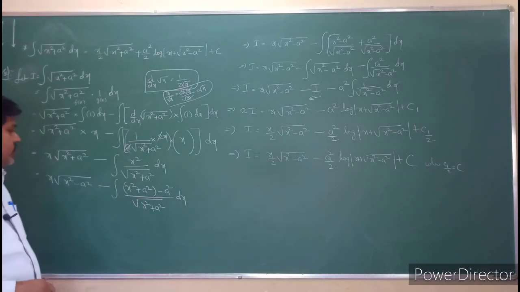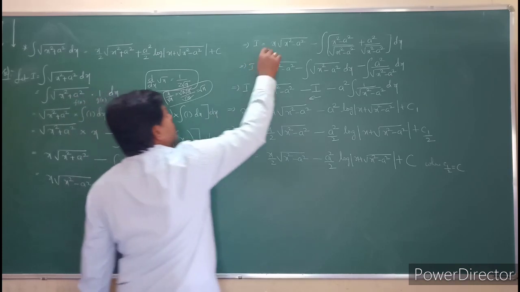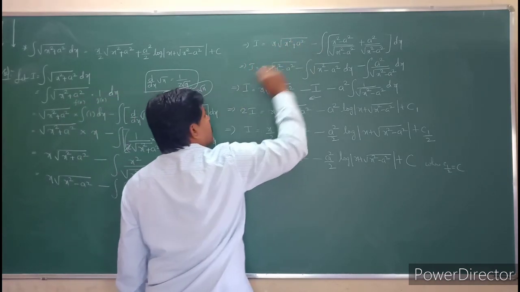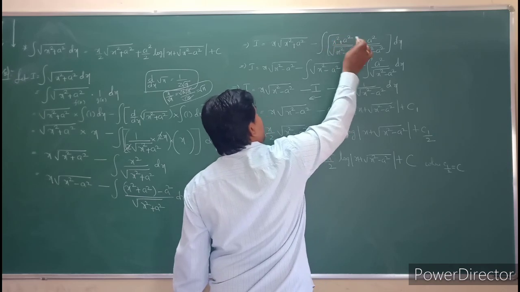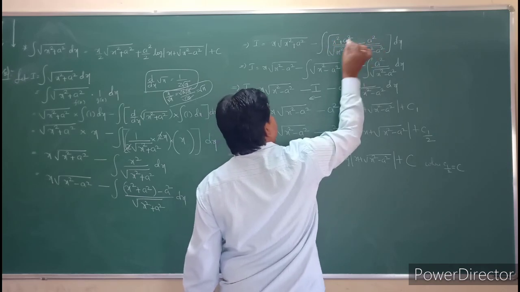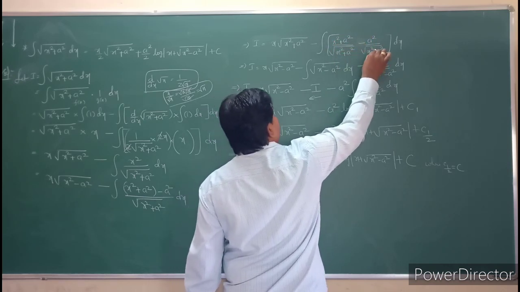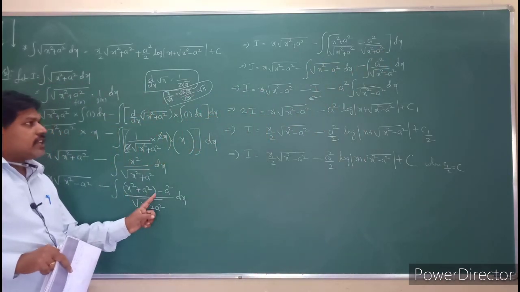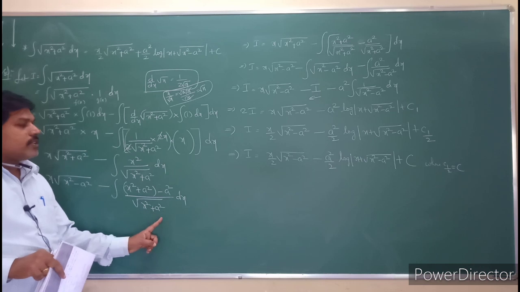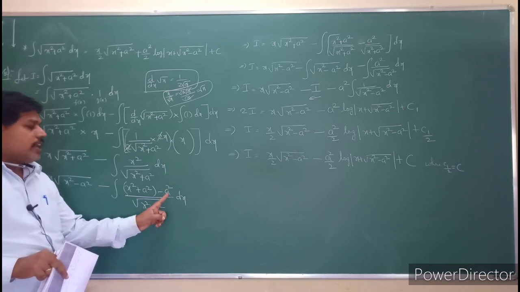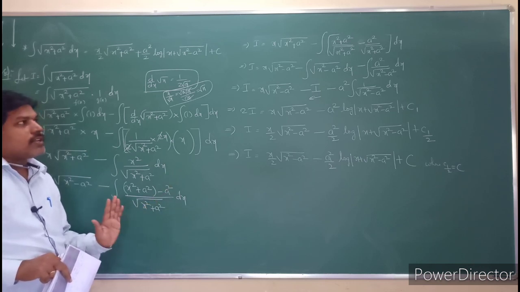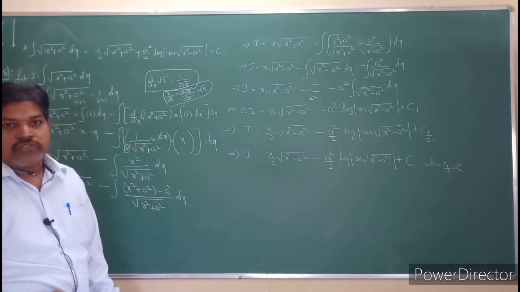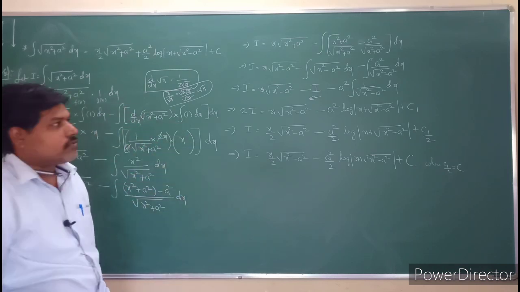Okay, so see the next step. x into root of x square plus a square minus integral of x square plus a square by root of x square plus a square, minus a square by root of x square plus a square. The problem is over. So just change all the x square minus a square terms into x square plus a square. That's all.